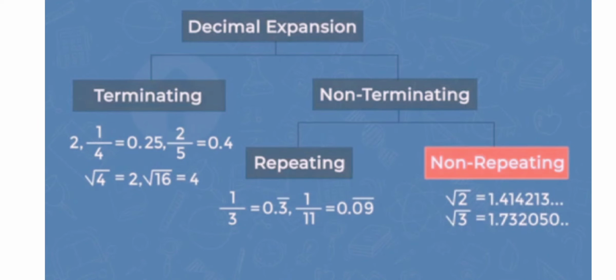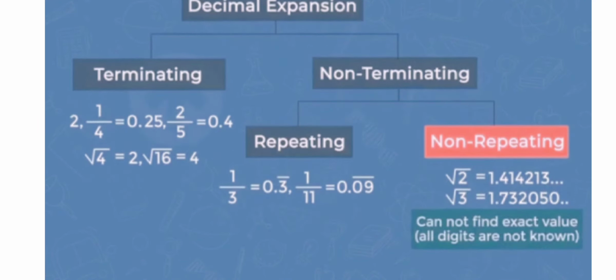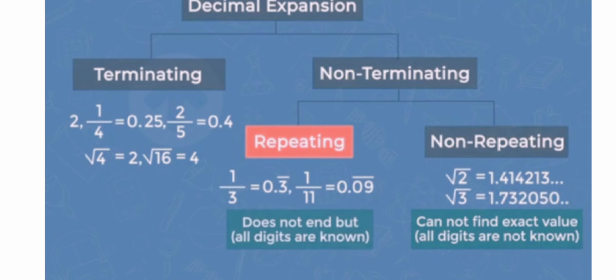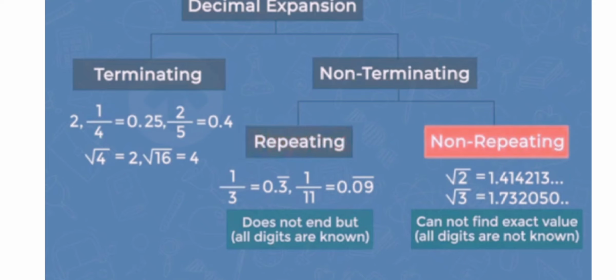For non-repeating numbers like these, we can never find the exact decimal expansion because the decimal never ends and the digits after the decimal are random. So even though repeating numbers never end, the digits after the decimal show a certain pattern. No such pattern exists in non-repeating numbers.